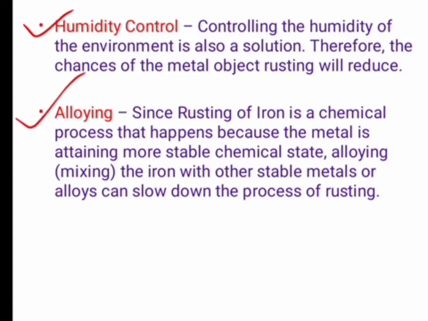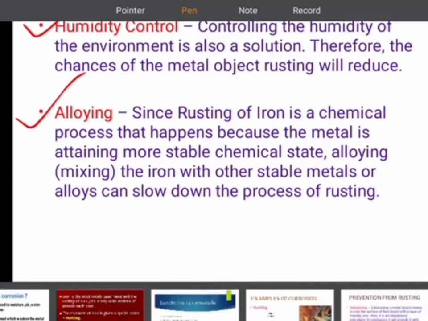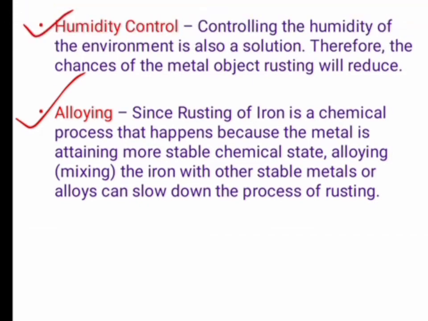Last one is alloying. Alloying the iron with other stable metals or alloys can slow down the process of rusting. This is a long-lasting process. Example is stainless steel.